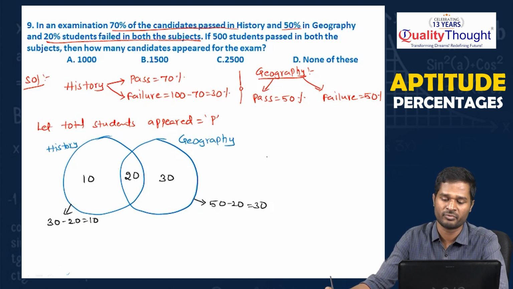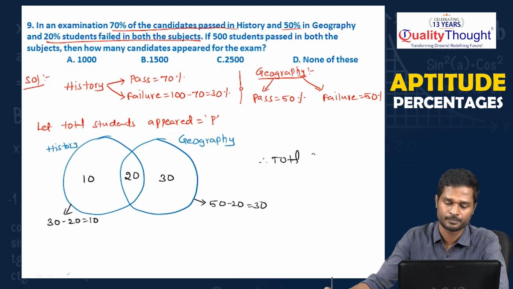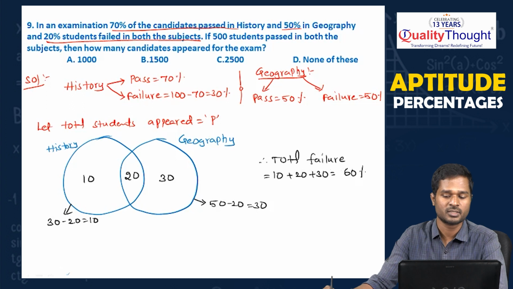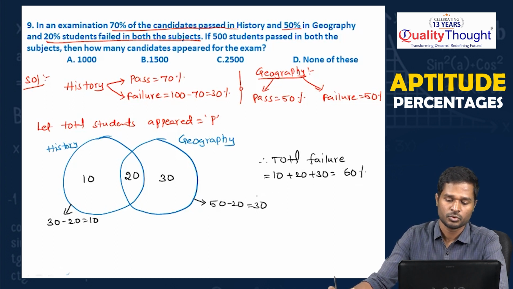Now, see what we can write here: total failure percentage. The total failure percentage is 10 in history, 20 in both and 30 in geography, which equals 60%. So, 60% of the students failed in the exam.